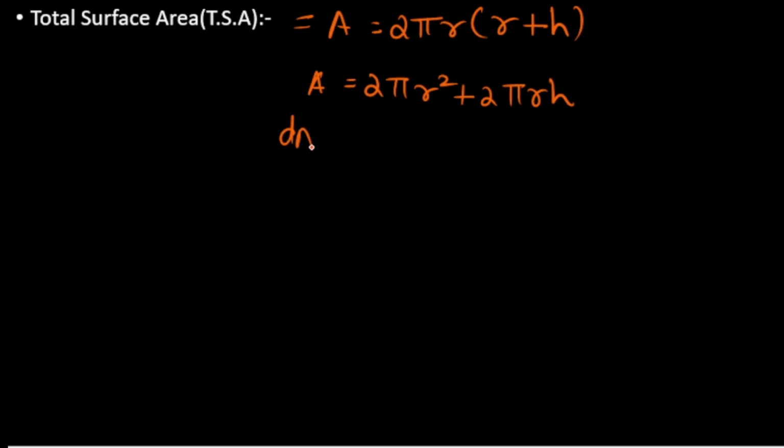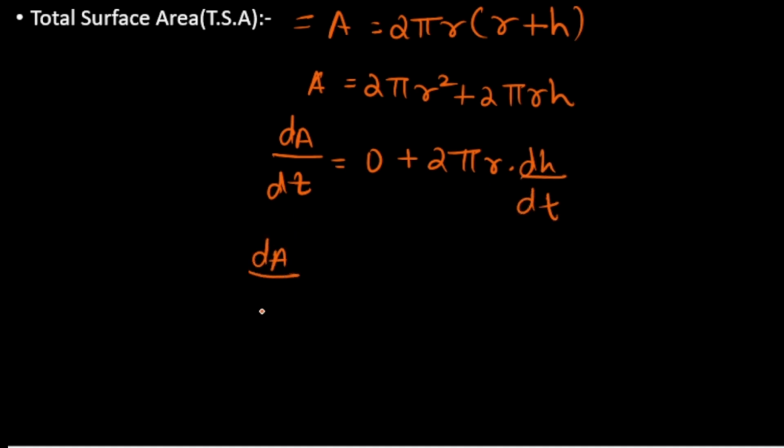Now dA by dt, differentiating with respect to time, so 0 here we get, plus 2 pi r dh by dt. So here dA by dt is equal to 2 pi r dot dh by dt. For more basic formulas, if you don't know these basic formulas also, go to basic geometry and you can learn them there.